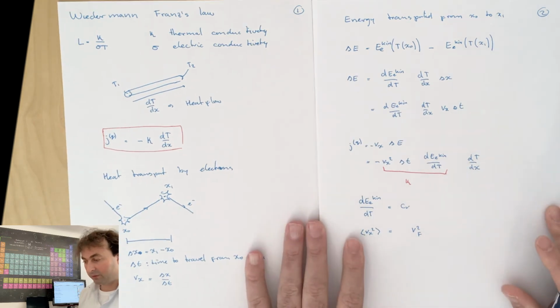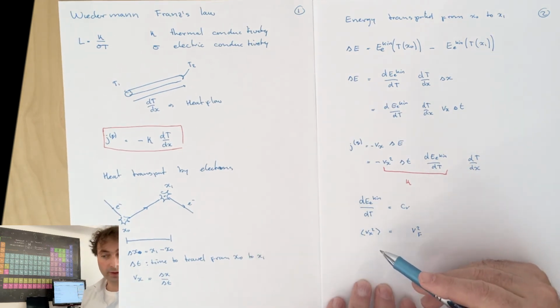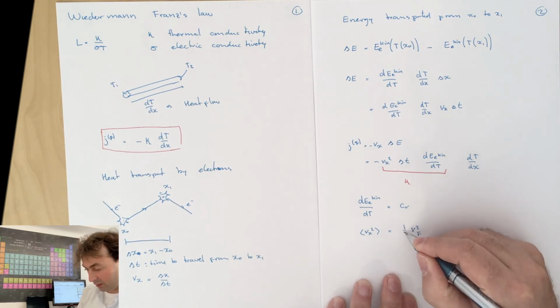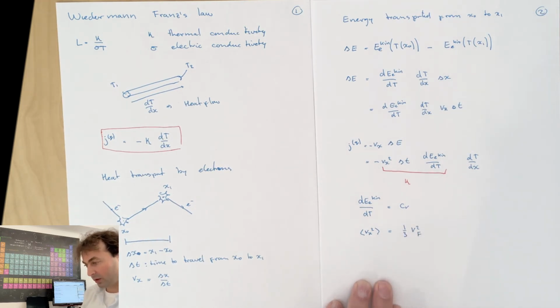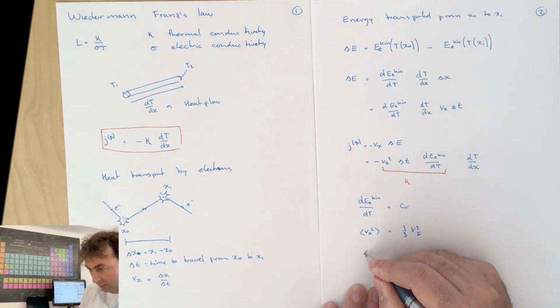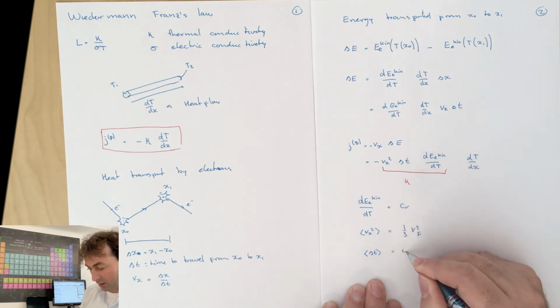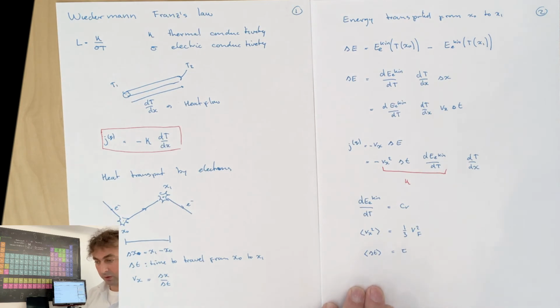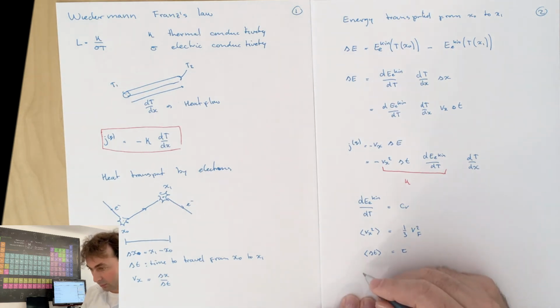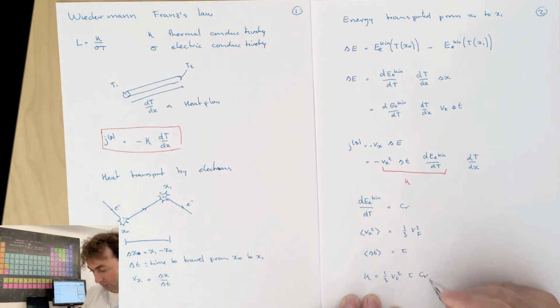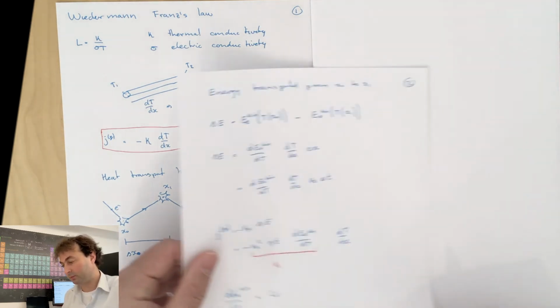Now I'm not looking at the average velocity squared, but only at one of the three components of the velocity squared. So this is 1/3 of the Fermi velocity squared. And then we have to look at the average time at which they travel, which is given by tau, the average time between two collisions. And with that we find that kappa is 1/3 Fermi velocity squared tau times the specific heat.